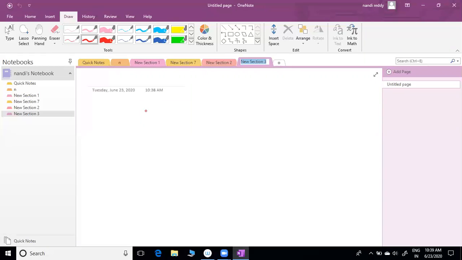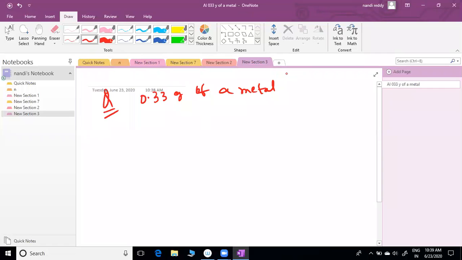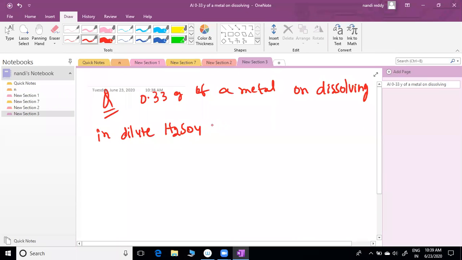Okay, this concept we can discuss next. And an easy question, one more thing you can try. Similar question, right? 0.33 grams of a metal dissolving in dilute H2SO4 liberated 113 ml of dry hydrogen gas at STP.